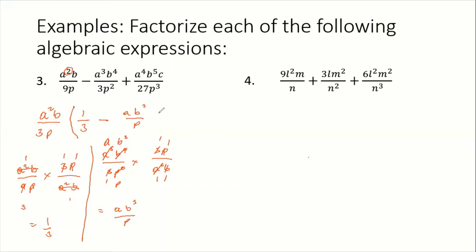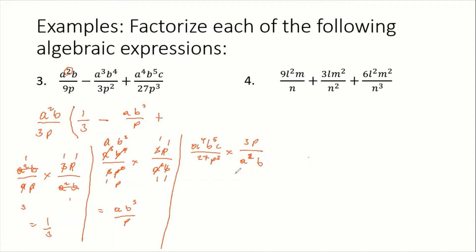To get the 3rd term, write back our operation. And then we're going to do the same thing. So it's going to be a to the fourth, b to the fifth, times c, all of that, over 27 p to the third, multiplied by the inverse of the highest common factor, which is 3p, all over a squared b.